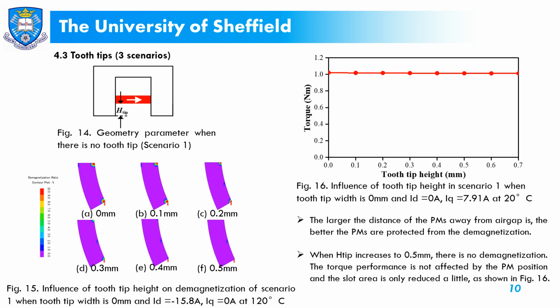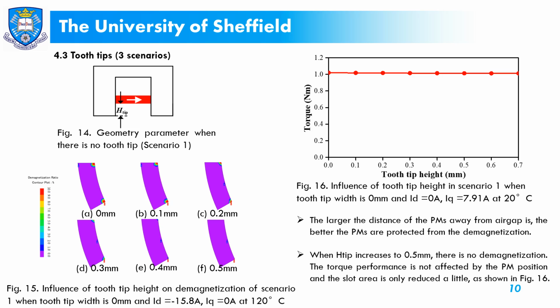As can be observed from Figure 15, when the tooth tip height becomes larger, the magnets are better protected from the demagnetization.